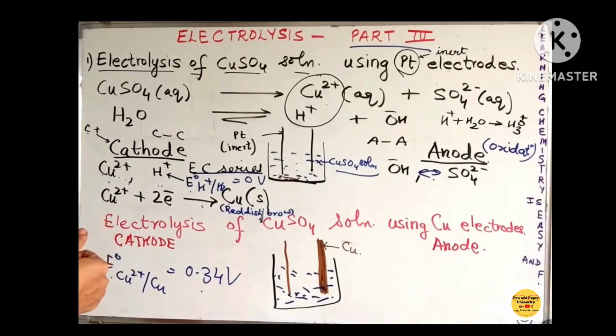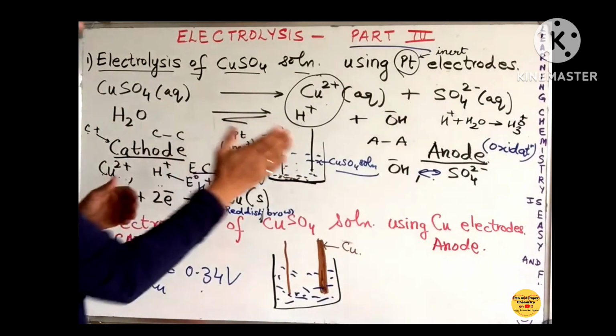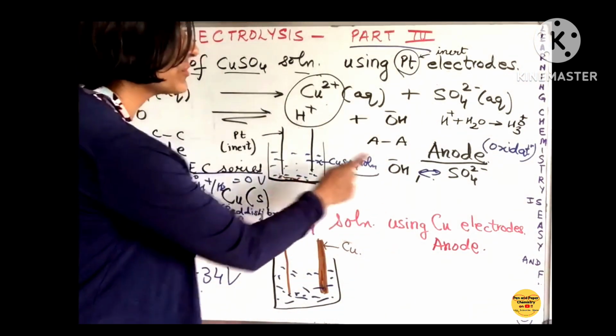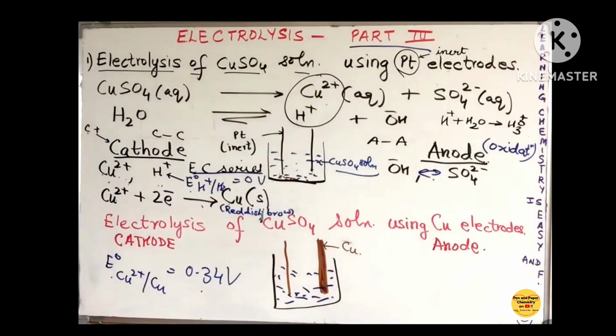In order to compare the reduction potentials, if you remember, I had given you a simple sentence in order to recall what will get discharged. Can you recall? If you are not clear about this, we have already covered it in part 2.